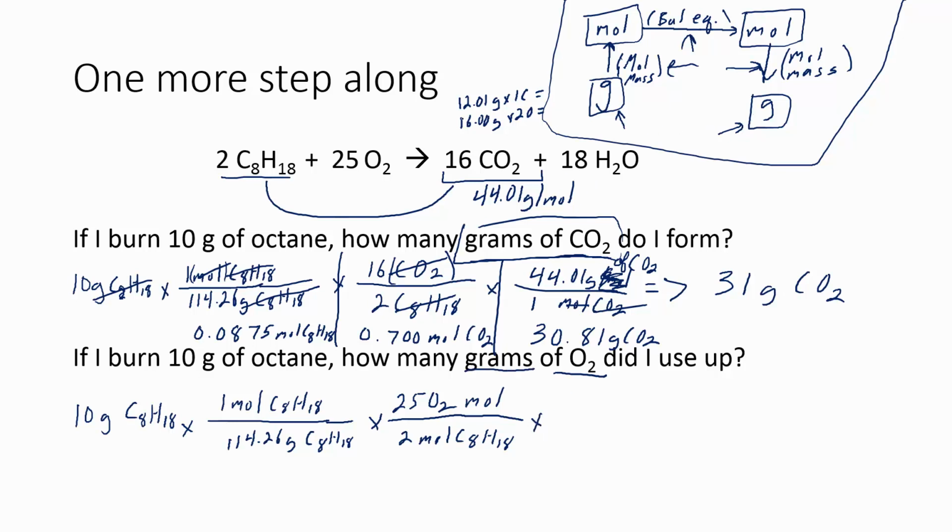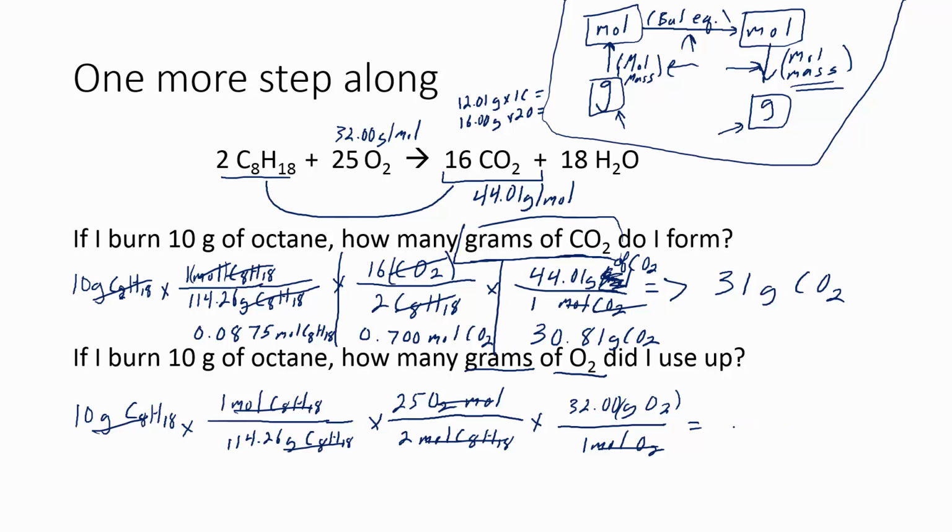So oxygen, 32.00 grams per mole, that conversion factor. Right, the molar mass, grams of oxygen for every 1 mole of oxygen. And there we go. Moles of oxygen cancel. Moles of octane cancel. Grams of octane cancel. We're left with units of grams of oxygen, which is good because that's exactly what we want.